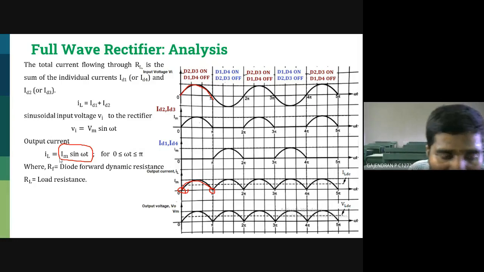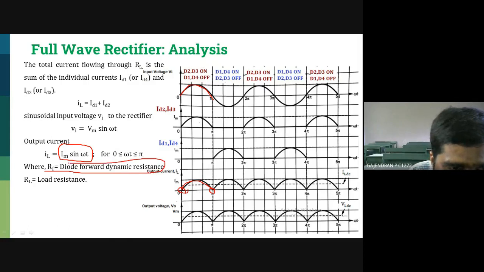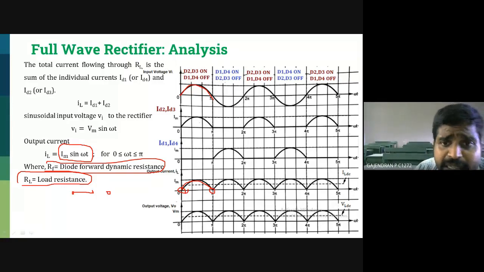Then here we are going to include one thing. As in the half-wave rectifier, RF is the diode forward dynamic resistance. RL is my load resistance. If you consider the circuit, positive half cycle மட்டும் நம்ம எடுத்துக்கணும். Positive half cycle ல ரெண்டு diode conduct பண்ணும், negative half cycle ல ரெண்டு diode conduct பண்ணும். ஓகேவா?